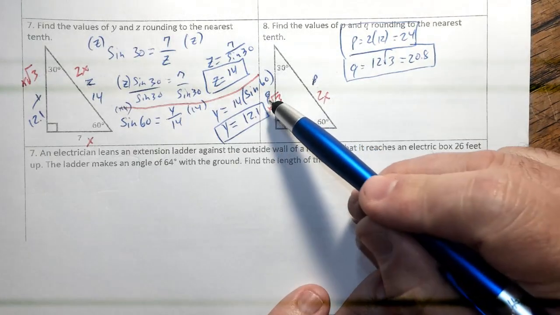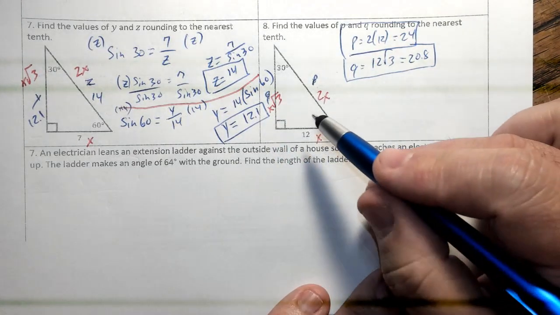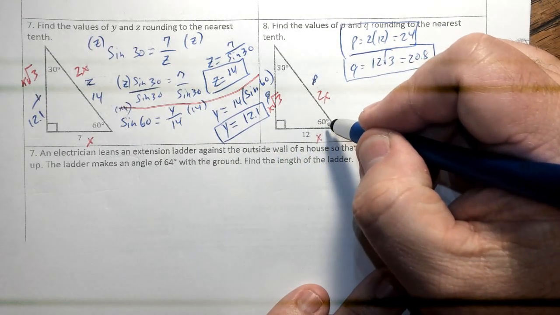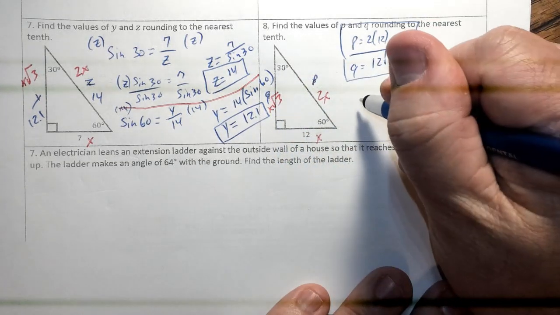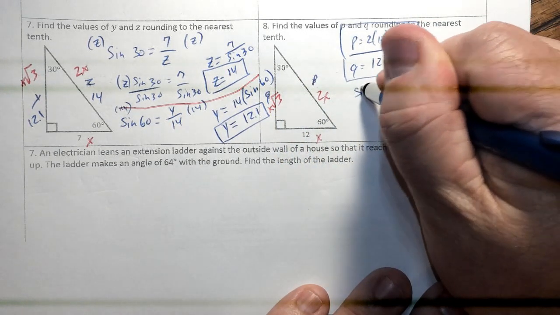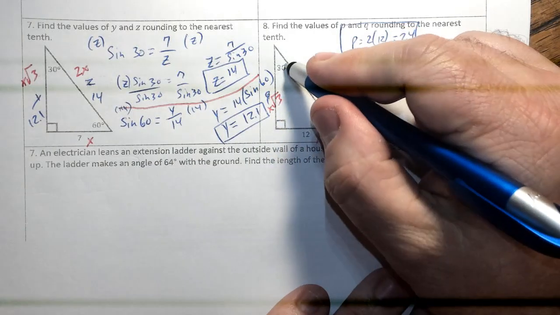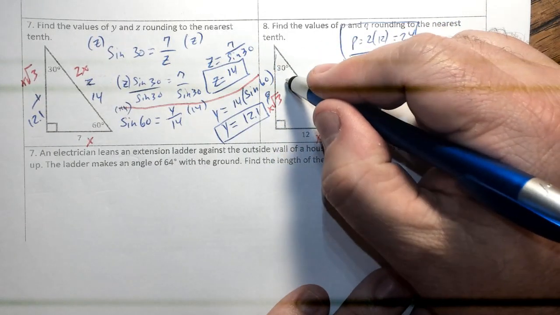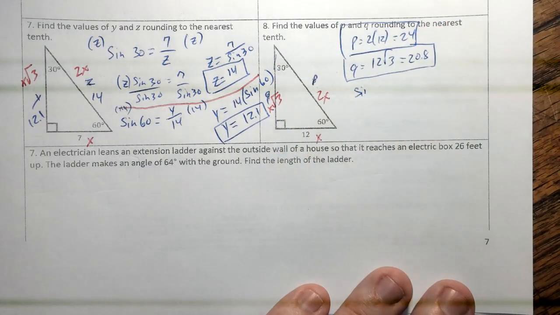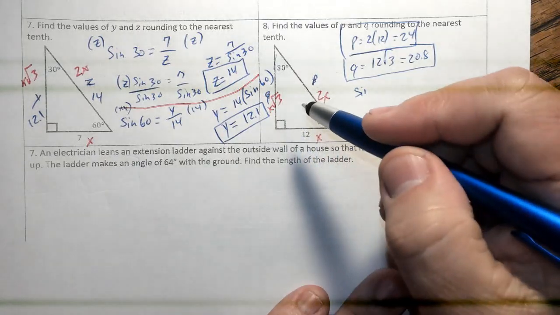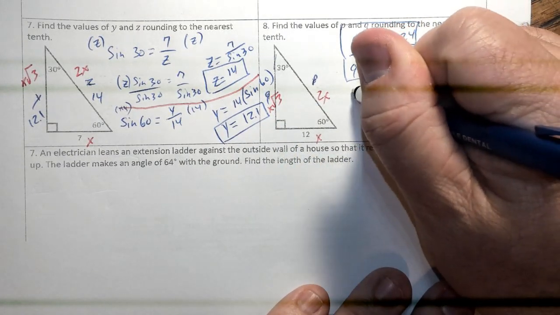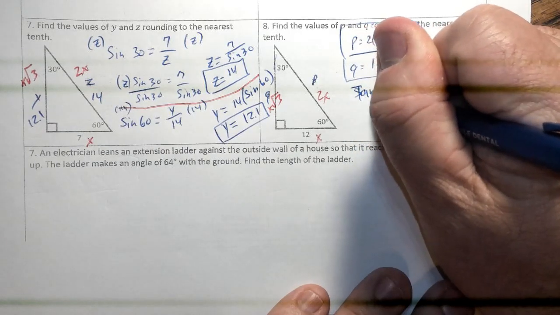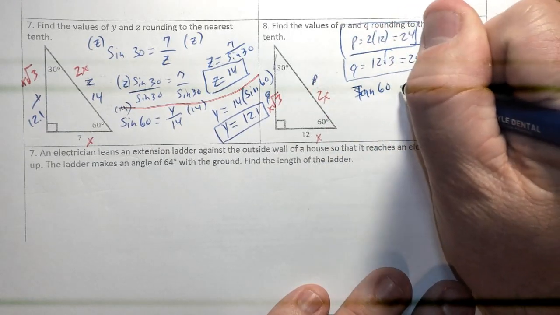So if we're looking for Q over here, I want it on top, so opposite over adjacent is tangent 60.